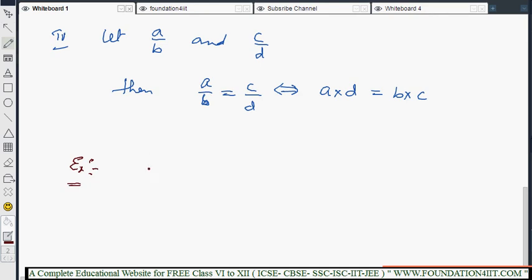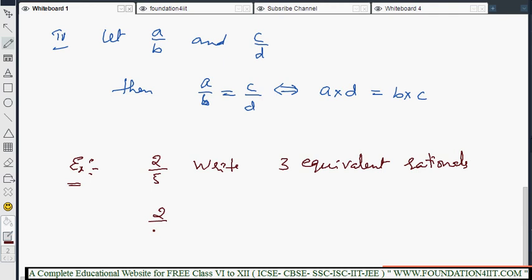For example, write 3 equivalent rational numbers for 2 by 5.